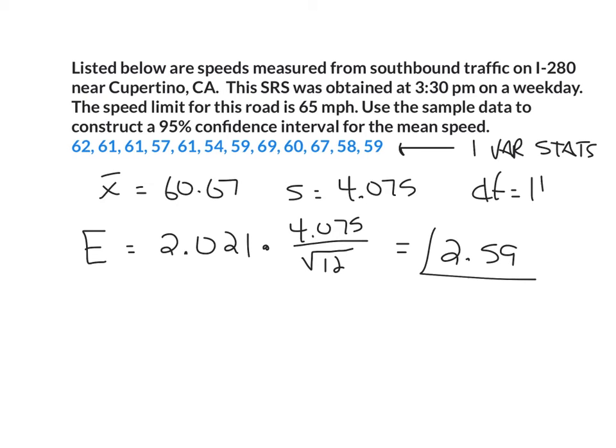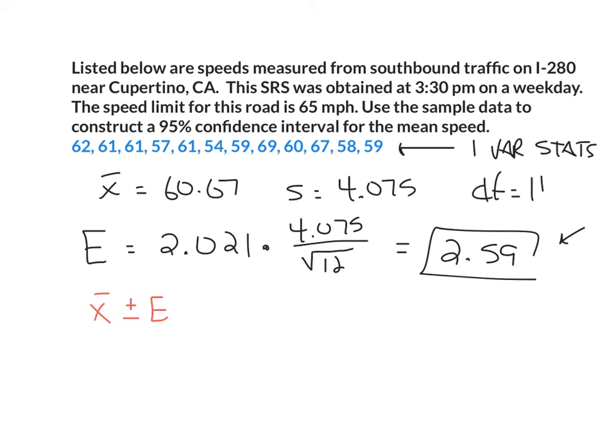So that's important. Now to get my confidence interval, I'm going to take this margin of error, just like we have been doing with the proportions, and I'm going to add and subtract that from my, I was doing p hat because it's a proportion. Now I'm going to do my x bar. So the way you do your confidence intervals, you do x bar plus or minus your margin of error.